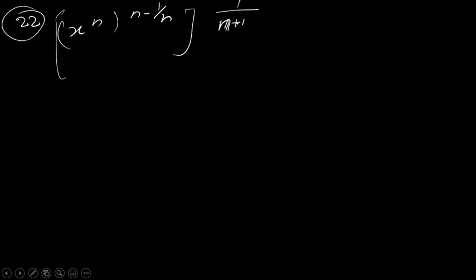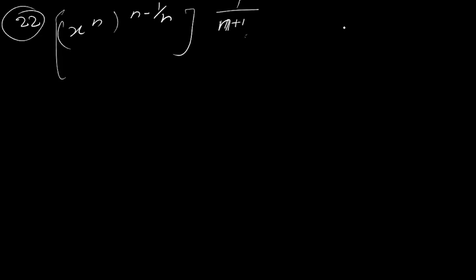22 we have is (x to the power n minus 1 by n), okay, and whole to the power 1 divided by n plus 1, right? But check कर लो, x to the power n minus 1 by n, okay, whole to the power 1 divided by n plus 1.